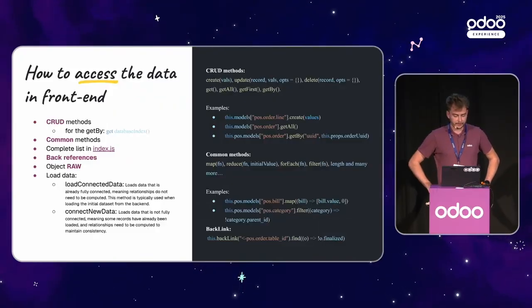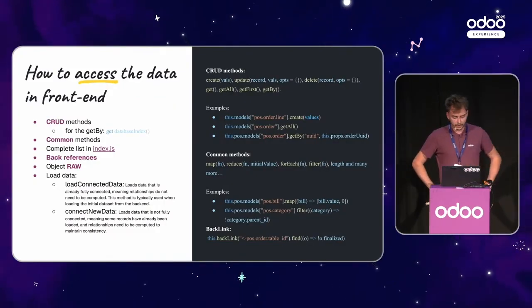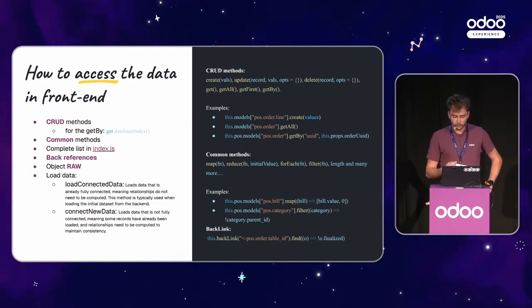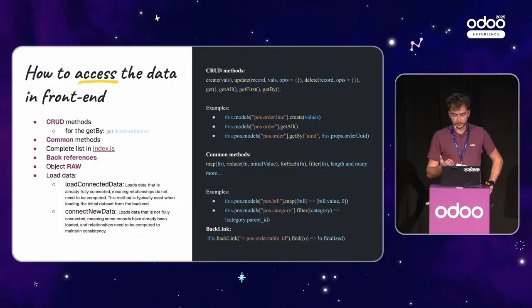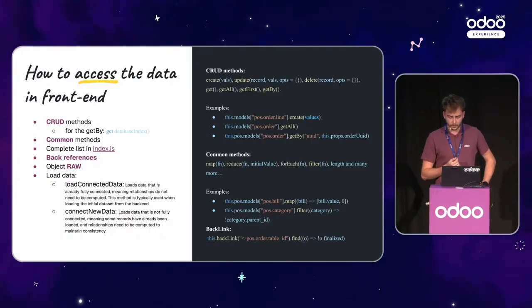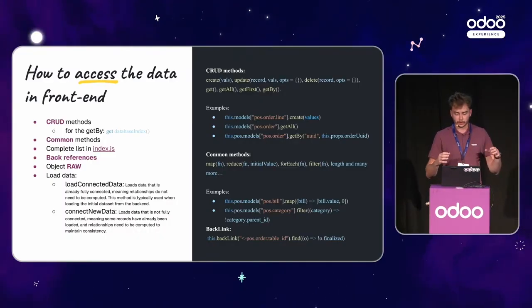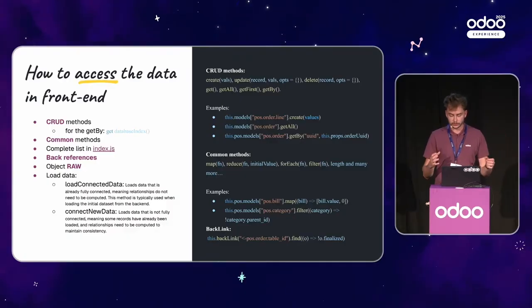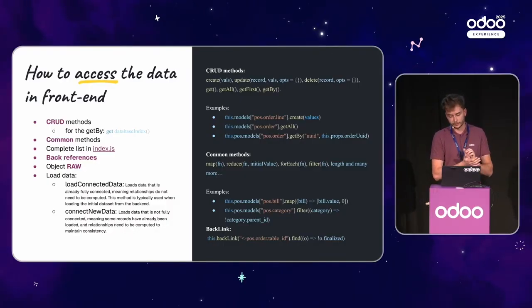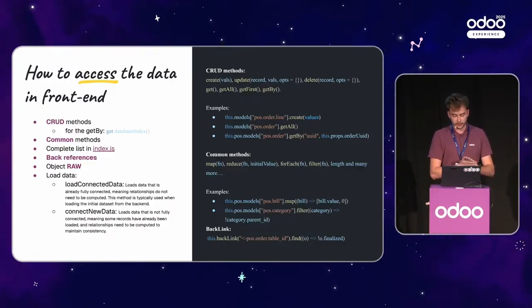So how to access data in the front end? We have CRUD methods, so create, update, delete. We have also get, that will get a record by its ID. Get all, that will return an array with all the records. Get first, that will return the first record. And also get by, that is a little bit special.